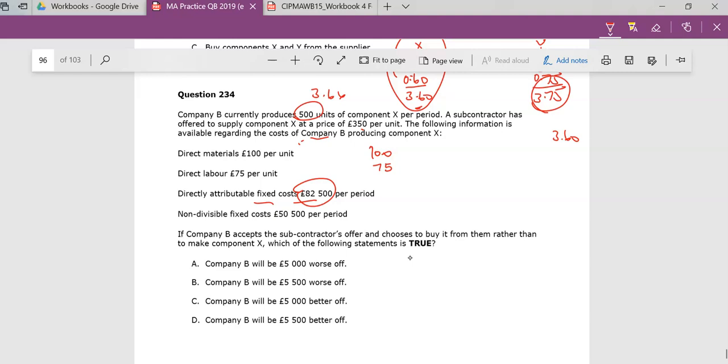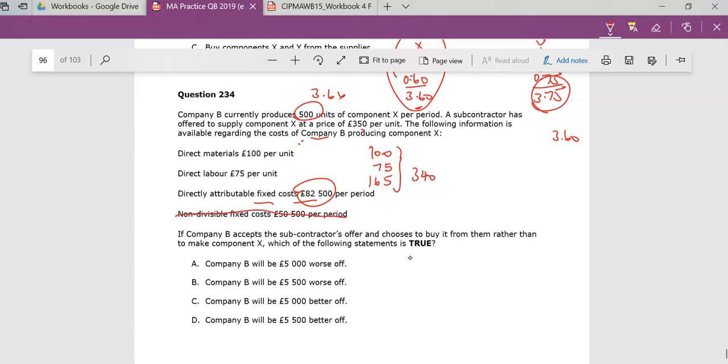82,500 divided by 500 units takes you to 165. So all of this together gives you a cost of 340. So you're saving £10 on each unit in-house. Remember, we're not interested in fixed costs in these short-term decisions.